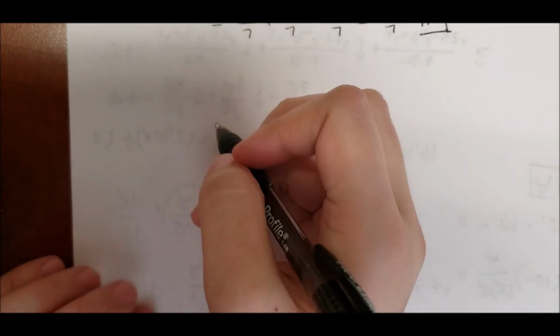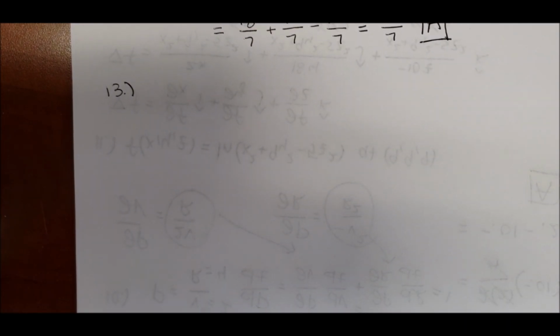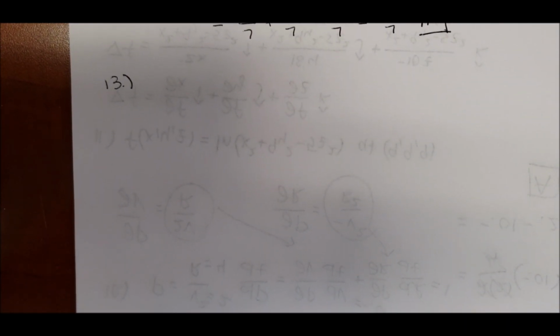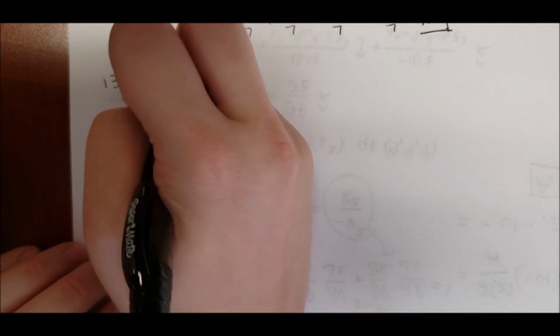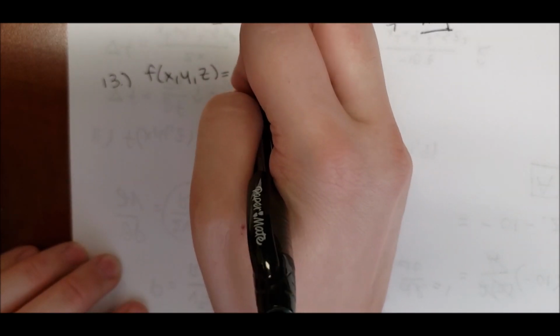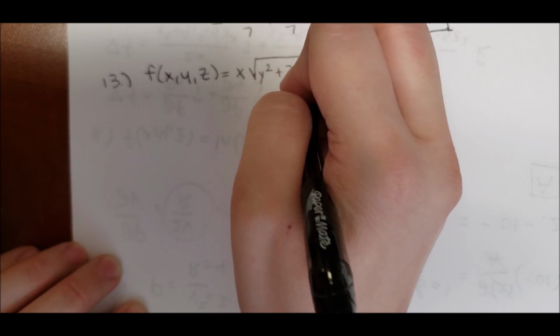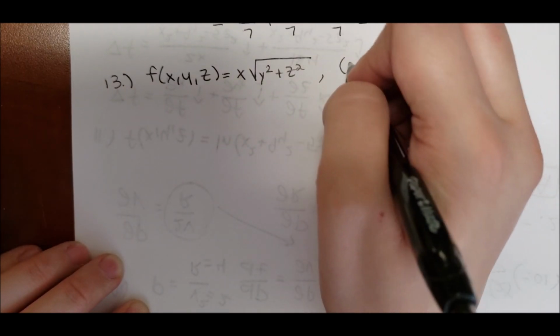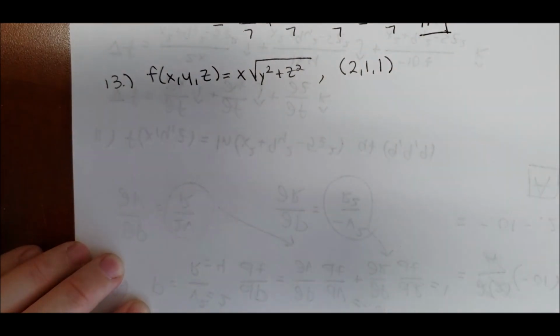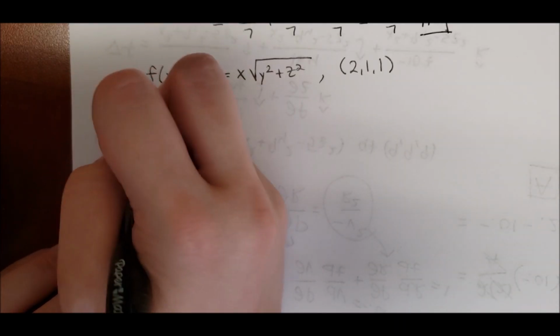So now 13 says, find the direction in which the function is increasing most rapidly at the point 2, 1, 1. So I'm going to find the gradient.